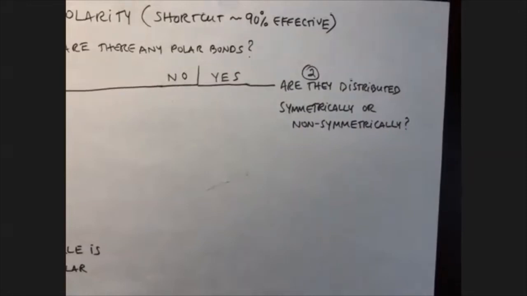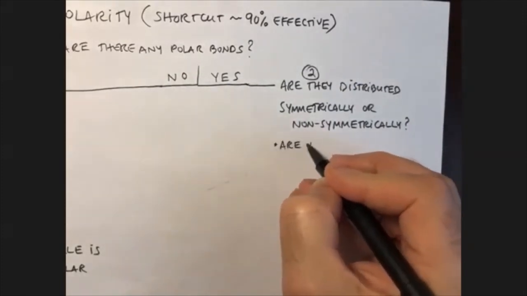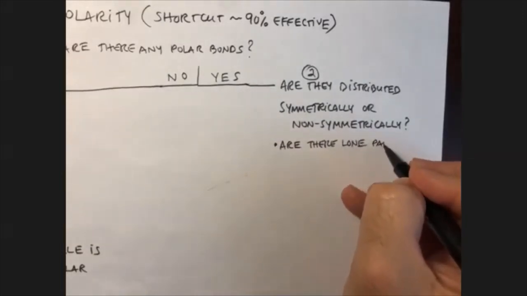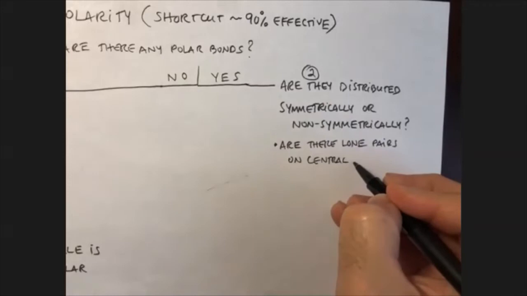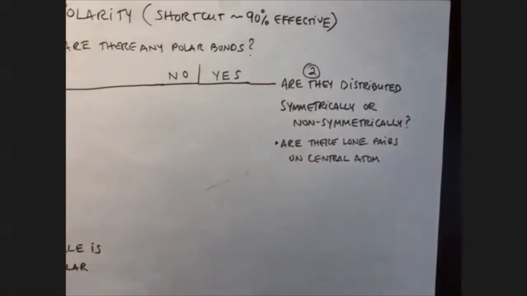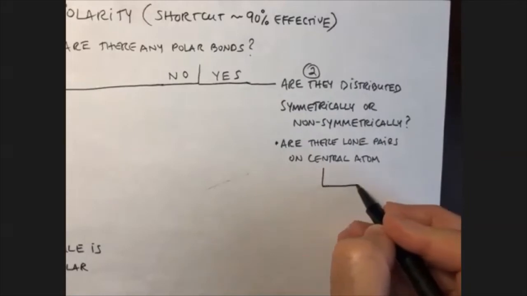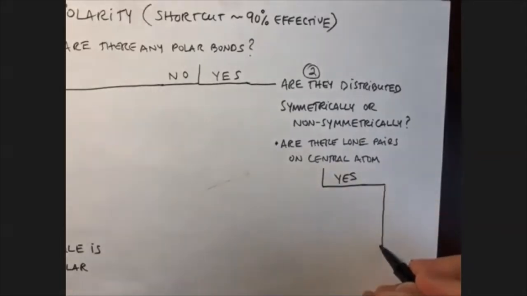The way we're going to do this is I'm going to ask myself, first of all, are there lone pairs on the central atom? If the answer is yes, I'm going to say, you know what? This molecule is non-symmetric.